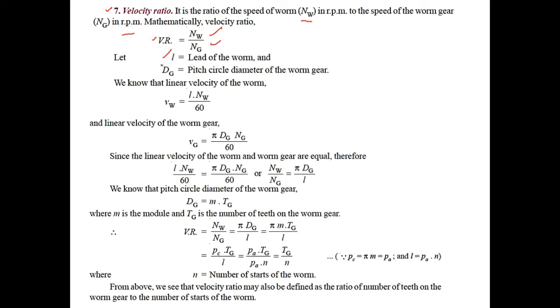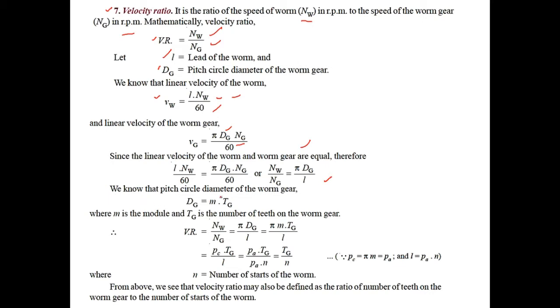If L is the lead and Dg is the pitch circle diameter of the worm gear, then the linear velocity of the worm is equal to L into N by 60, and the linear velocity of the worm gear is equal to pi D N by 60. Since the linear velocities of the worm and worm gear are equal, we equate these two values, and they give us this relation.